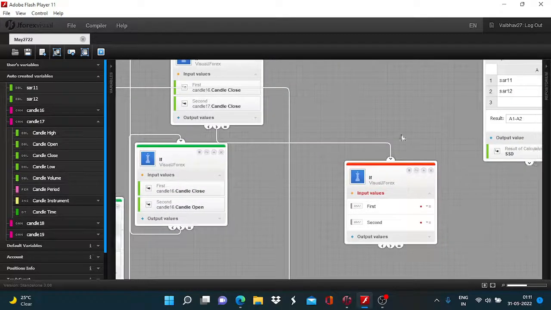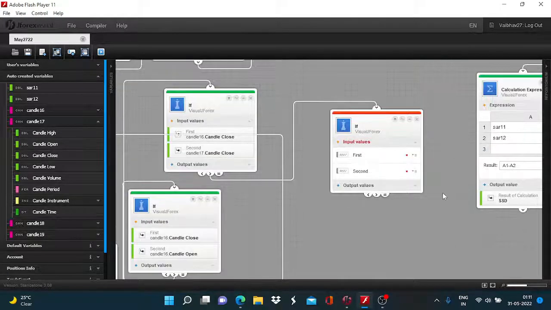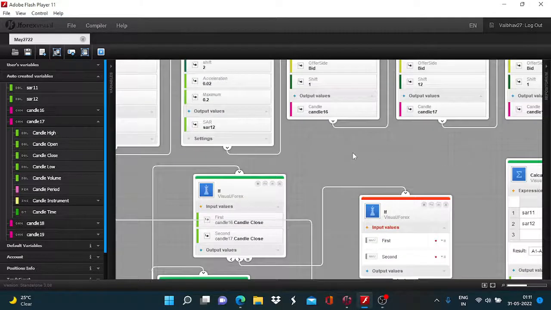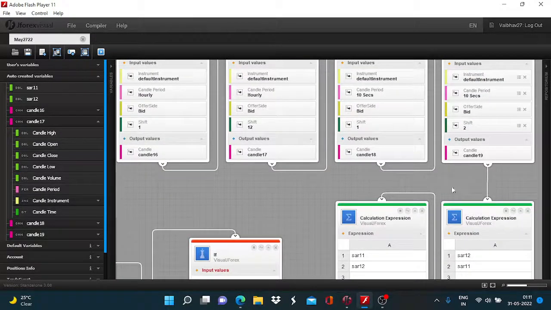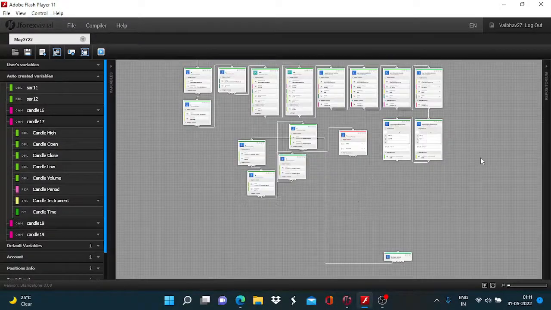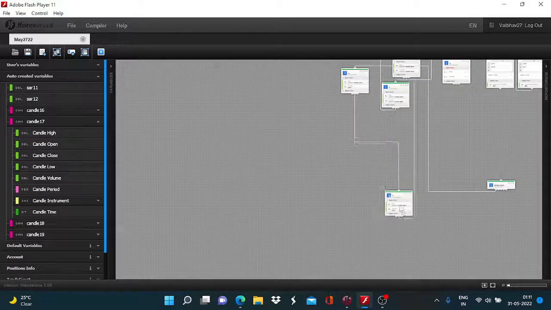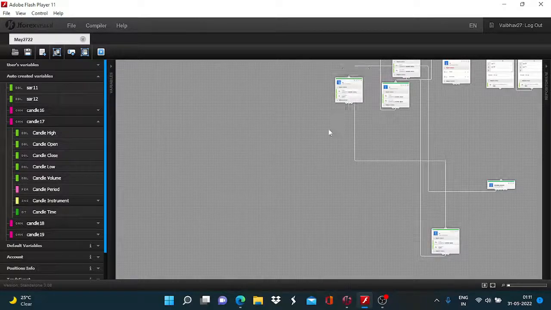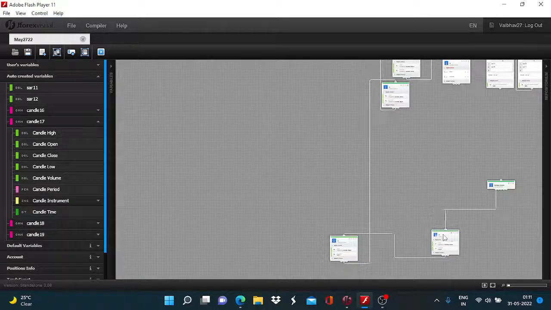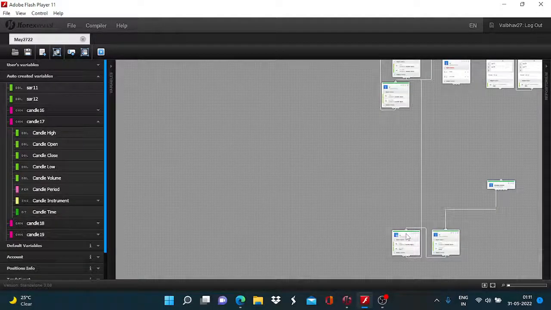Again. Alright, so we have defined conditions for the execution of the trade. Now the order execution will take place as soon as the price starts to rise above the last hour's candle close.